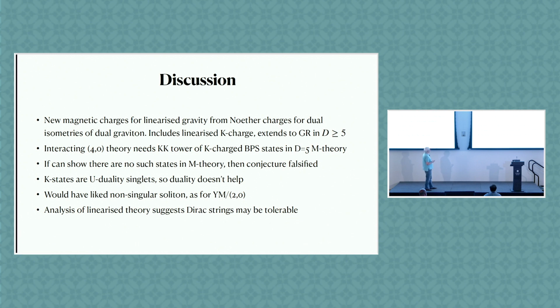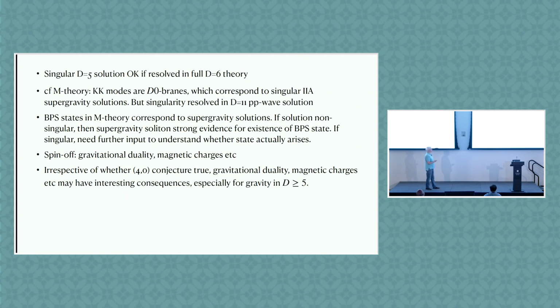The analysis of the linearized theory suggests that the Dirac strings may be tolerable. The curvature doesn't depend on them, and it may just be a symptom of the fact we're using the wrong variables. Familiar states will have Dirac strings if we use the wrong variables.